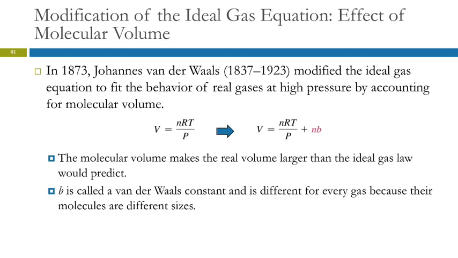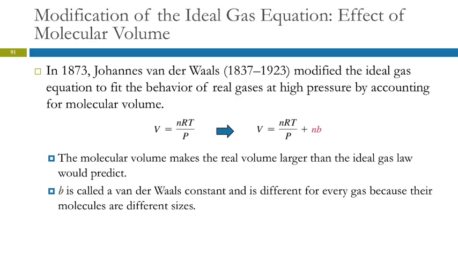So van der Waals, back in 1873, made a modification of the ideal gas law to fit the behavior of real gases at high pressures. So at high pressures, the volume goes up, and so he adds a factor in here, nb. So n is the amount of gas in moles, and b is a factor.